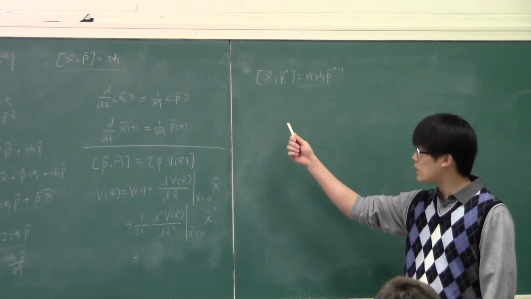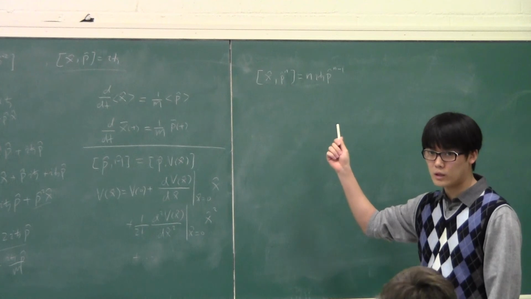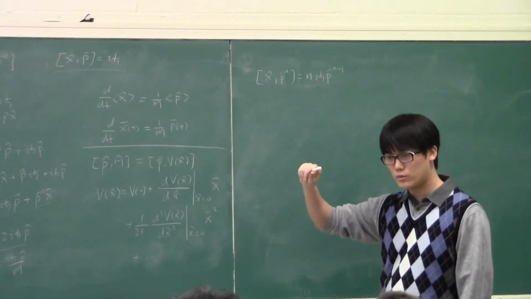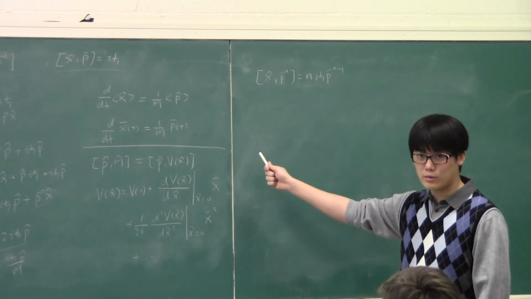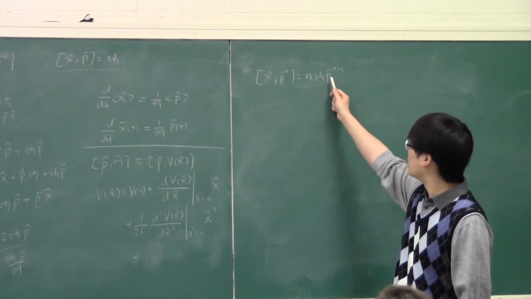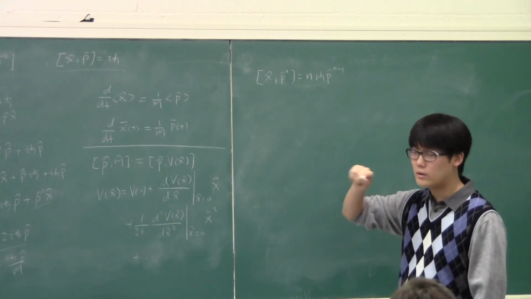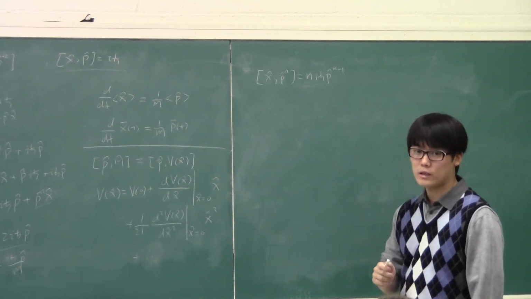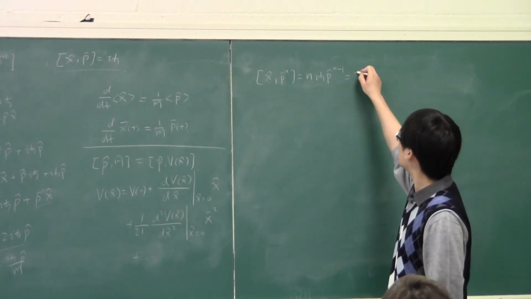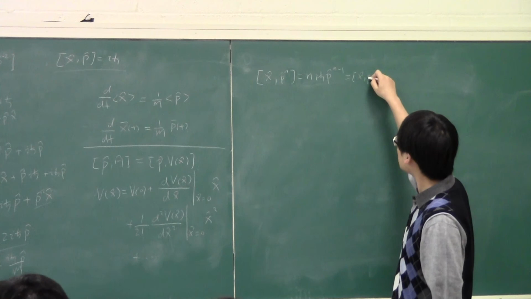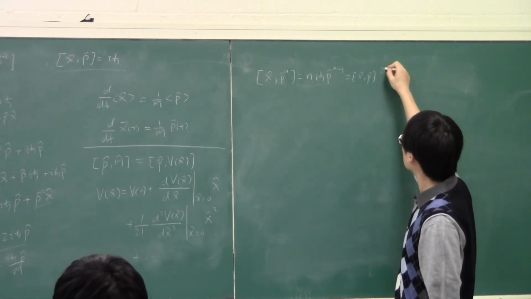Each time I take x across one p, I'm going to write i h bar, right? And then because I need to multiply by the other powers of p that are remaining, so that I get a p to the n minus 1. I need to take the x across n p's. Right? So there's an n factor here. And this is just the commutator of x and p times the derivative.